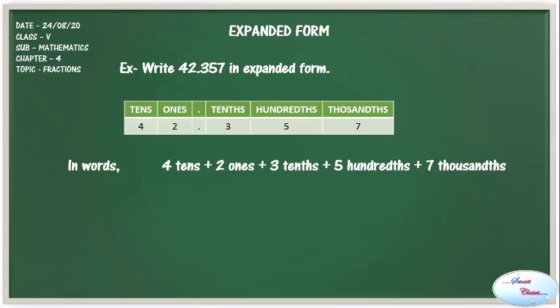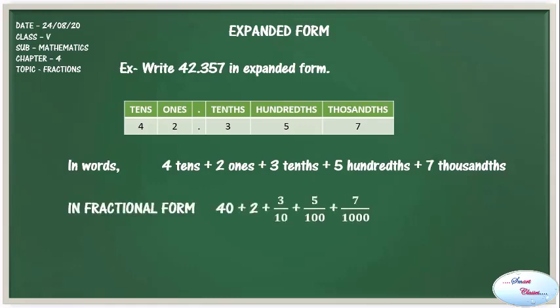Remember the difference between tens and tenths. When I am saying tens, it means I am saying the whole part, but when I am saying tenths, which is spelled TENTHS, it means it is the decimal part. Now in fractional form, we will write it as 40 plus 2 plus 3 upon 10 plus 5 upon 100 plus 7 upon 1000.